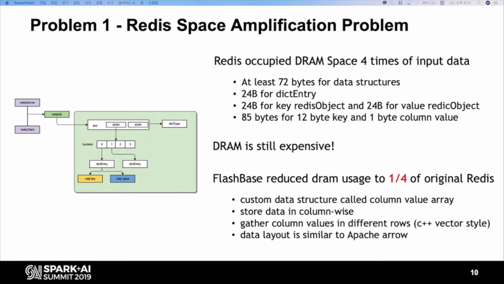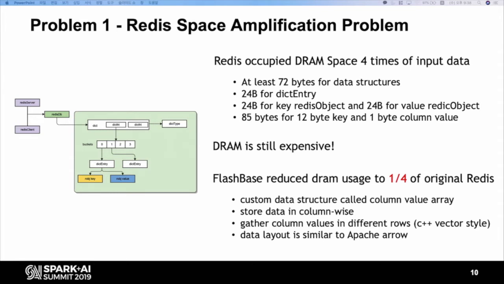In other words, Redis used too much memory. As you can see in this picture, when you insert a key value into Redis, Redis creates one dictEntry data structure for each hash map and two Redis objects for key and value. And each consumes 24 bytes of DRAM memory.